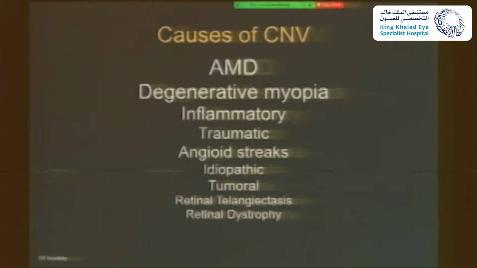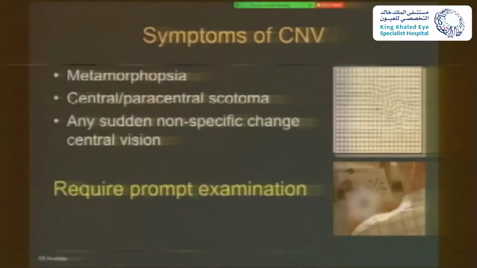Inflammatory conditions can also give CNV. Trauma to the eye, choroidal ruptures, for instance, can lead to CNV. Angioid streaks, which are also breaks in Bruch's membrane, can also lead to CNV. And sometimes you have idiopathic, where we look but we don't find anything. Probably they're viral or inflammatory, but we don't know. Tumors as well, and retinal telangiectasia, and in some cases even retinal dystrophies.